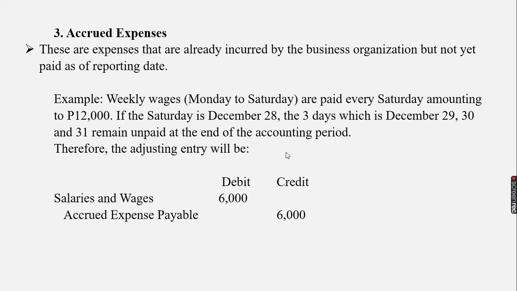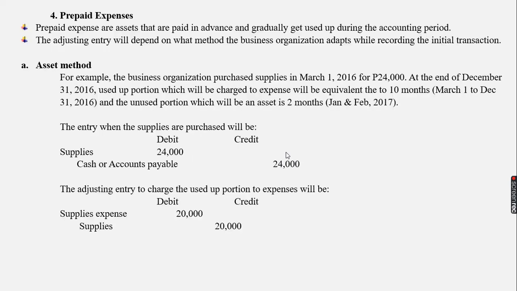So, 2,000 per day. And then, yung December 29, 30, and 31 kasi, hindi pa siya mababayaran for that accounting period. So, ang ilalagay mo dyan, ang adjusting entry mo, salaries and wages, 6,000. And accrued expense payable is 6,000. Okay? That is accrued expense.